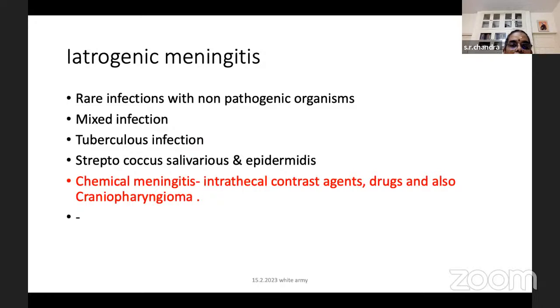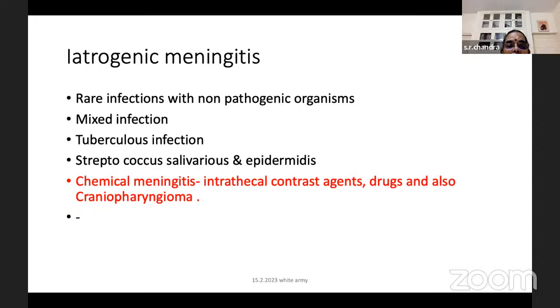Iatrogenic meningitis follows interventions, cranial surgery, many myelograms. So this produces rare infections with non-pathogenic organisms and mixed infections. Tuberculous infection can sometimes happen following procedures on the neuraxis.